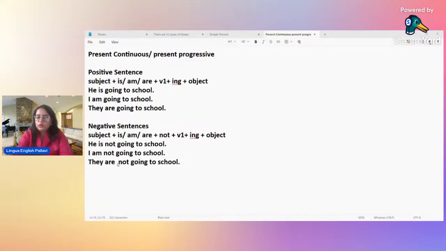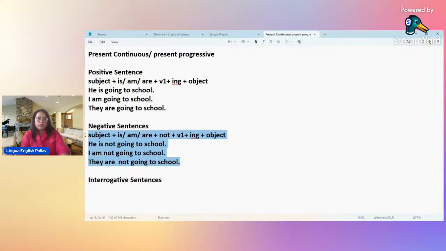Okay, now the next one goes with interrogative sentences. Again, the same, just the helping verbs come in the beginning. So the same rules will be there, just the helping verb comes in the beginning.